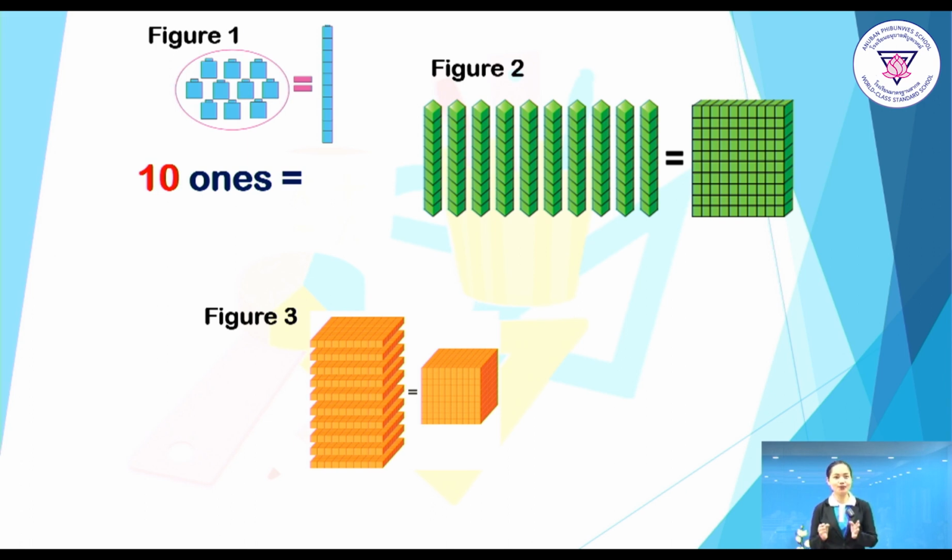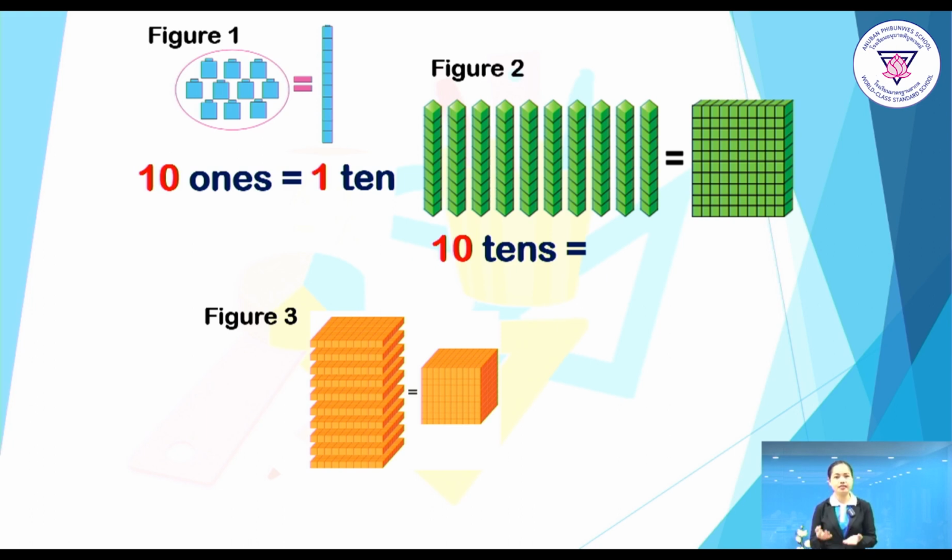Now, let's go to figure number 2. In figure number 2, if we group these tens together, how many hundreds can you get? As you can see there, 10 tens make how many? Very good. The answer is 100.